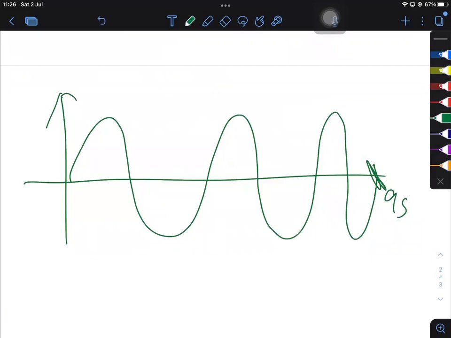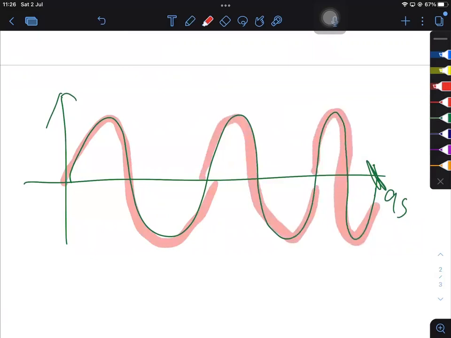And if I'm looking at this graph here, how many cycles are there? 1 cycle, 2 cycles, and 3 cycles here, am I right? If there are 3 cycles here and it took 9 seconds, guys, how long is my period? 3. Very good.